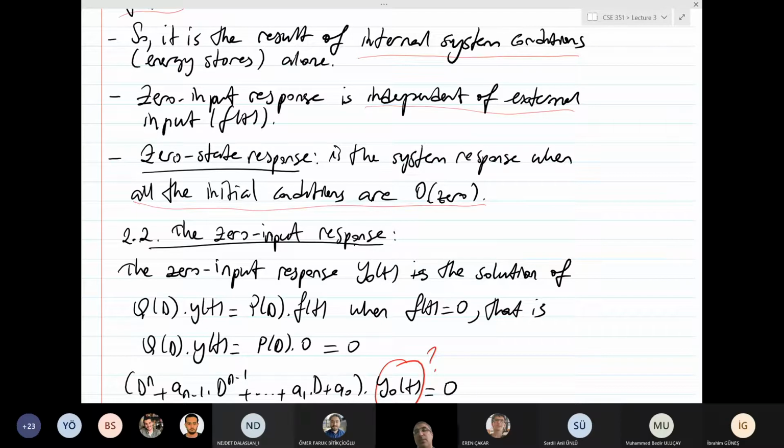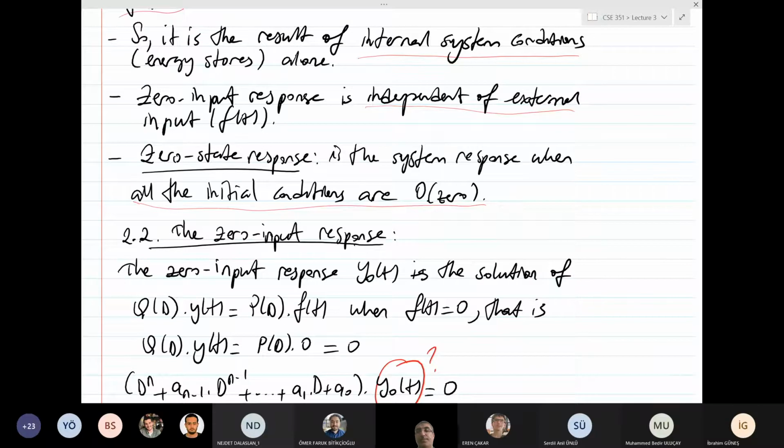And of course we are seeing the effect of the input signal. So there is no effect of the initial conditions or any internal effects.